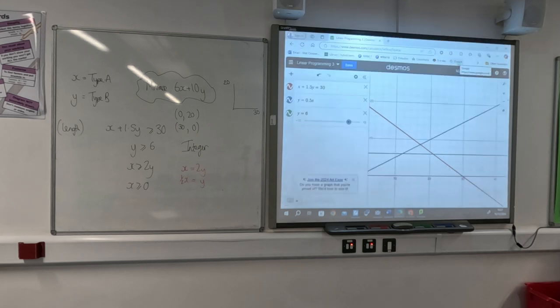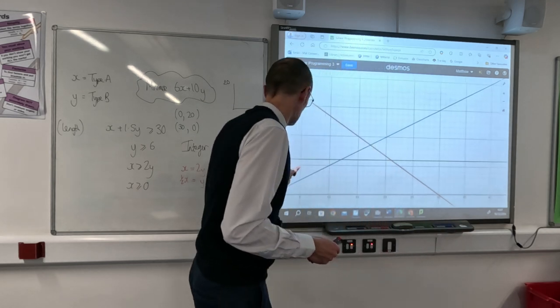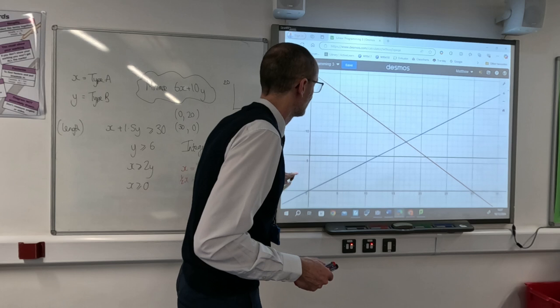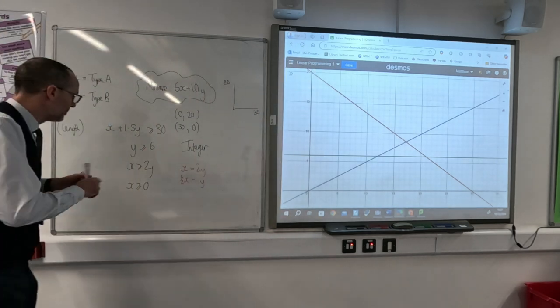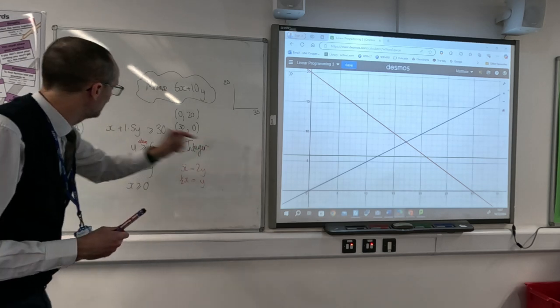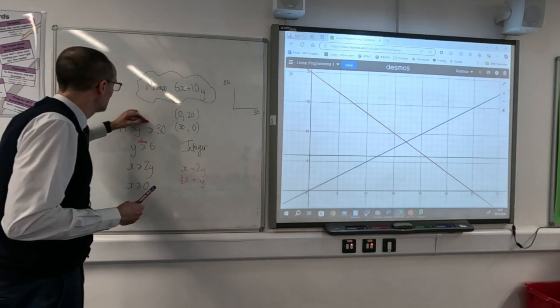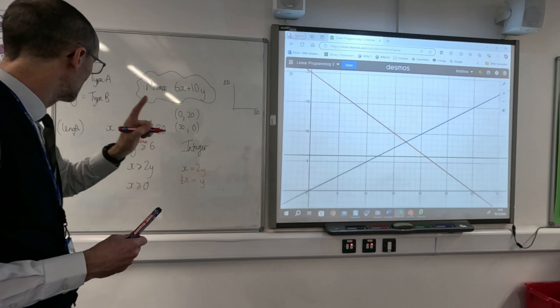Now, I'm only doing this because we're running short of time, but there are my lines. So we need to be above the y equals 6 line, so above that green line, and above the red line.